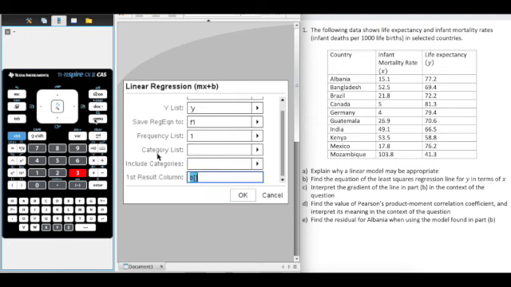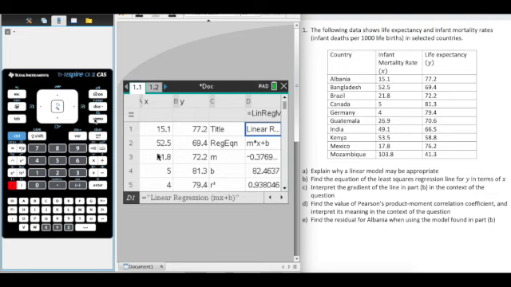And the first result column, I need to make sure this is column C so that it doesn't overwrite the data which is in column A and B. So the GDC has calculated the linear regression equation, mx plus b, so the equation is y equals negative 0.377x plus 82.5, if we round it to 3 significant figures.